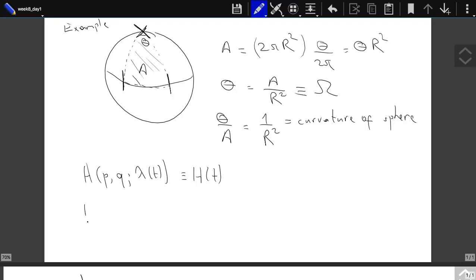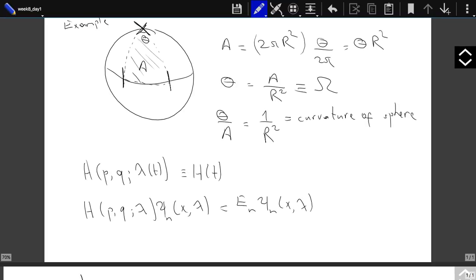And the solution of this, we will have energies En and eigenstates psi n. They will be dependent on this parameter lambda, and H psi n of x, lambda equals En psi n of x, lambda.